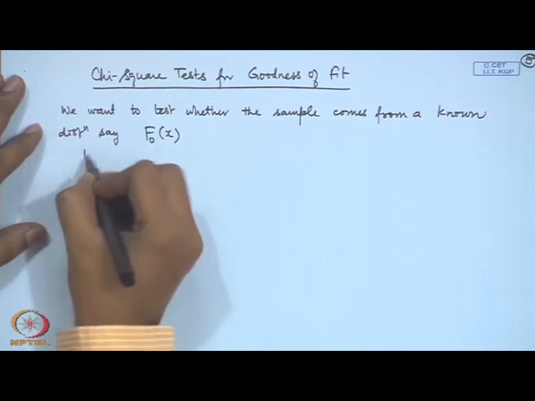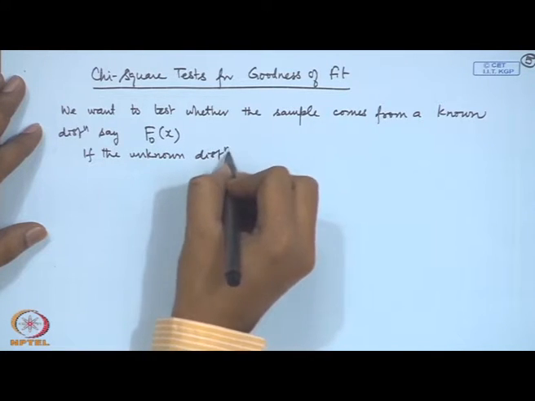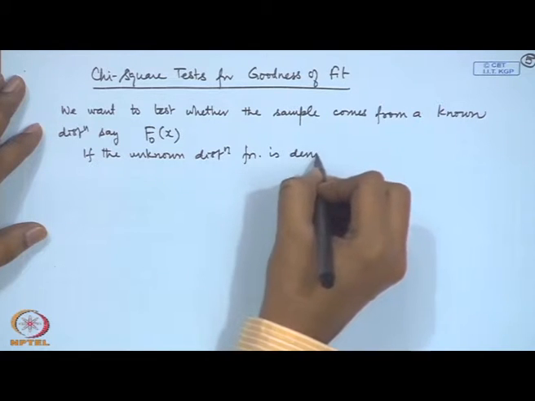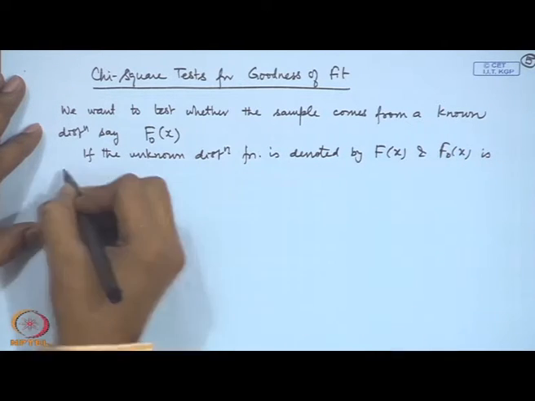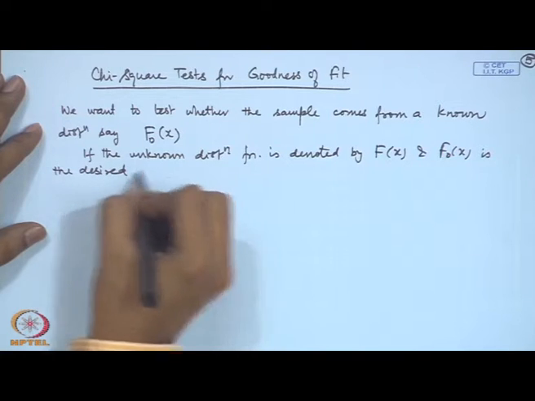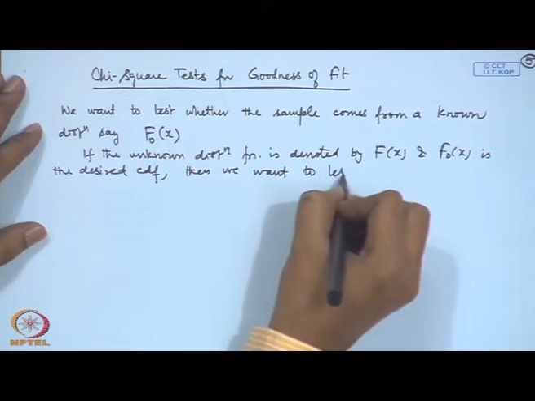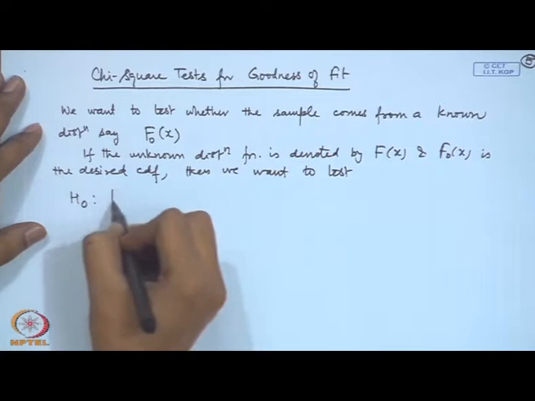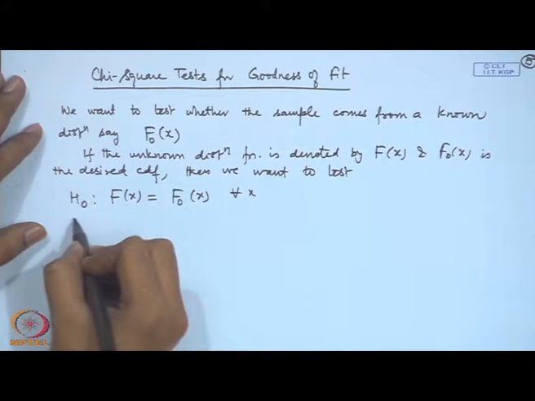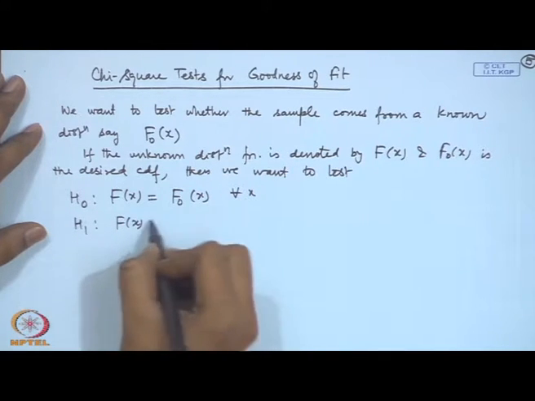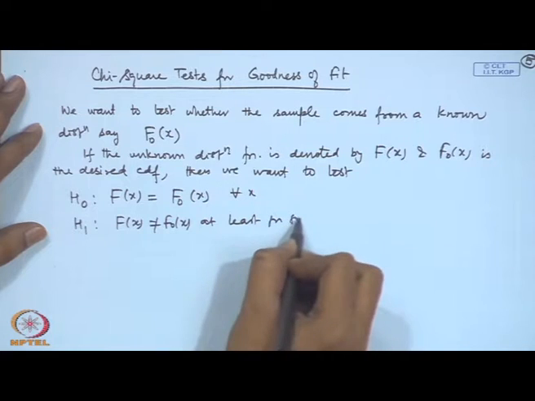That means, if the unknown distribution function is denoted by f x and f naught x is the desired CDF, then we want to test H naught: f x is equal to f naught x for all x against say H 1: f x is not equal to f naught x, at least for some x.